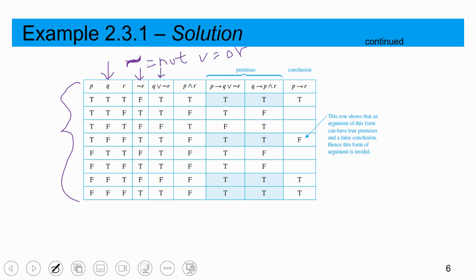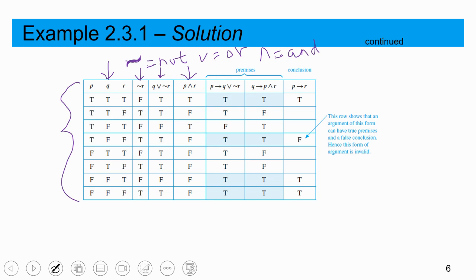The only time Q or not R is false is when Q and not R are both false. Then we construct a column for P and R. Here, in order for the P and R column to be true, P and R must both be true, because the upside down V means and.